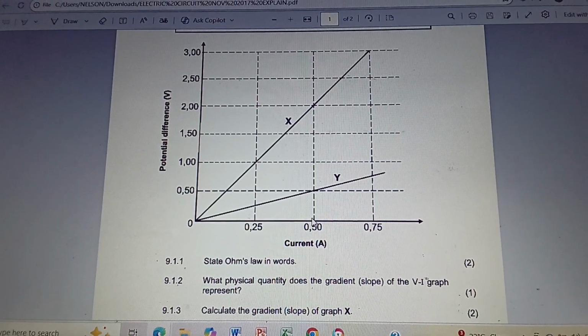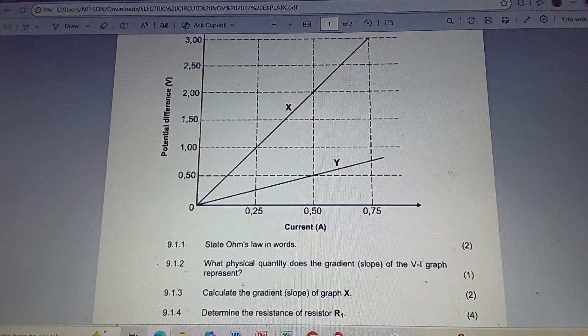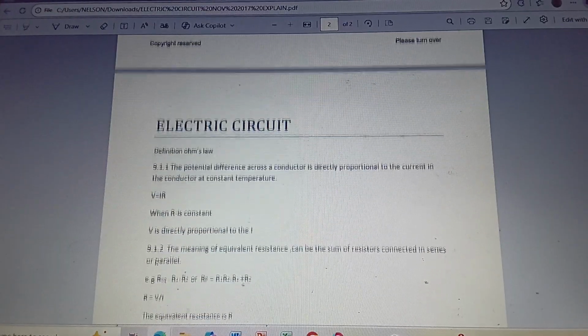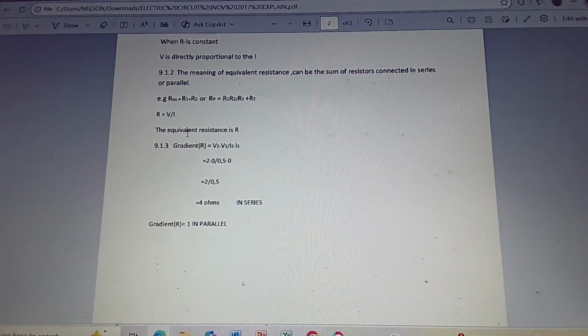So you can take those 2 points there to calculate our gradient for X. Now let's see. Here we go.